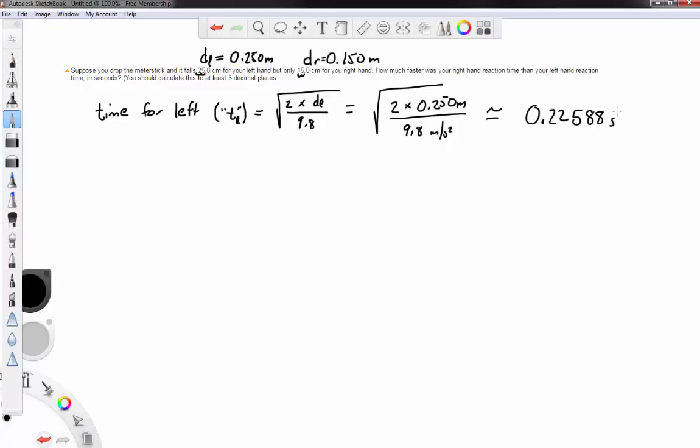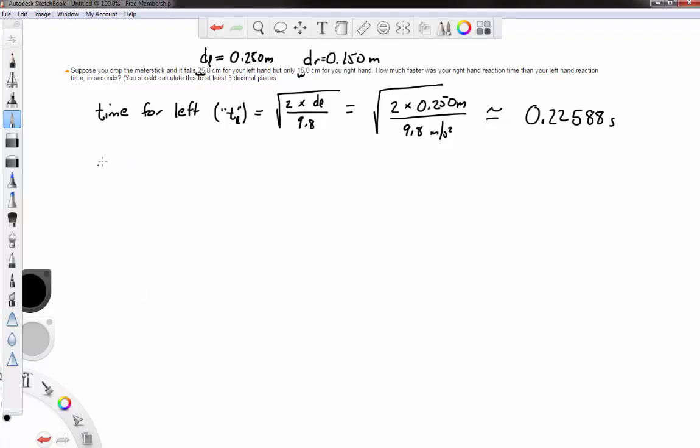And I'm basically keeping more decimal places than I need because I know that I'm about to subtract two numbers from each other. So until I've calculated this one, I don't necessarily know how many decimals I'm going to need here in order to have 3 decimal places in my answer.